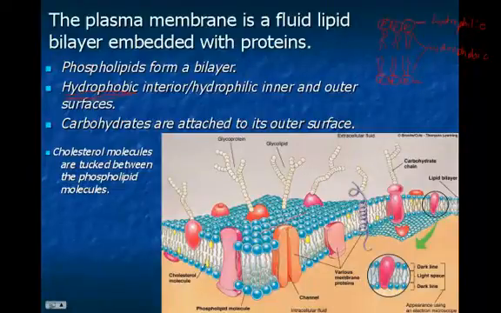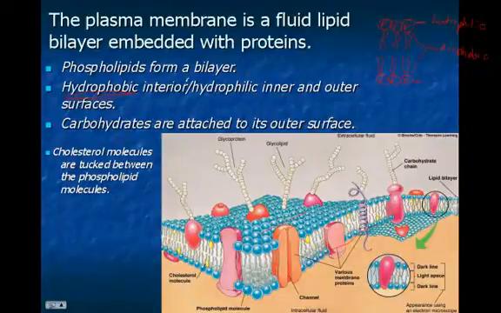So it's a good thing that these phospholipids don't mind interacting with water. Same here on the inside of the membrane: this layer would be facing the intracellular fluid, and again there's going to be water in that fluid. So it's a good thing that those phosphate groups like to interact with water.